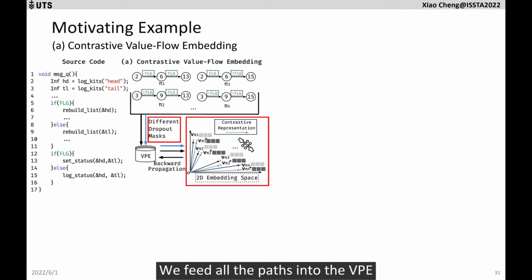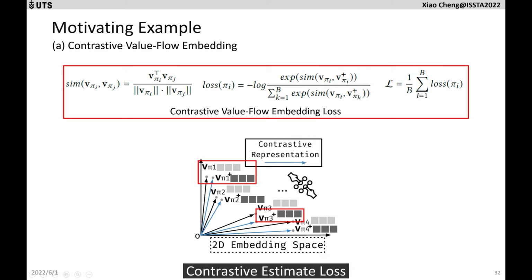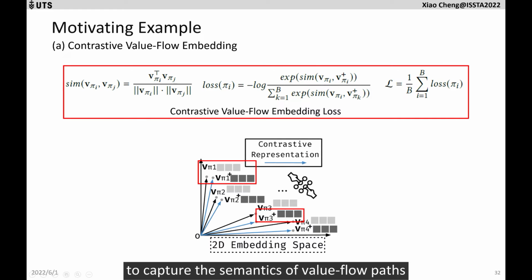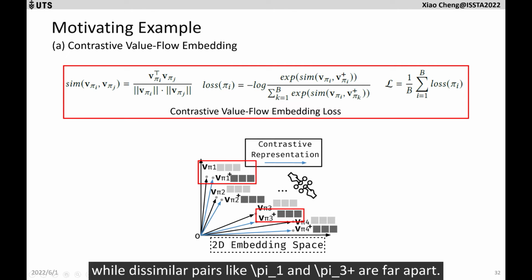We feed all the paths into the VPE twice using different dropout masks to obtain their vector representations and corresponding contrastive representations. VPE is pre-trained using contrastive learning by minimizing the noise contrastive estimation loss to capture the semantics of value flow paths, such that similar embedding vectors like pi1 and pi1 plus stay close to each other, while dissimilar pairs like pi1 and pi3 plus are far apart.